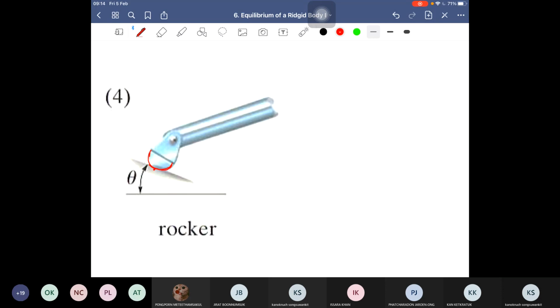That is, the reaction force that the rocker exerts on this body must be perpendicular to the floor or the contact surface, and it will point up to the object. Okay, always in this direction.